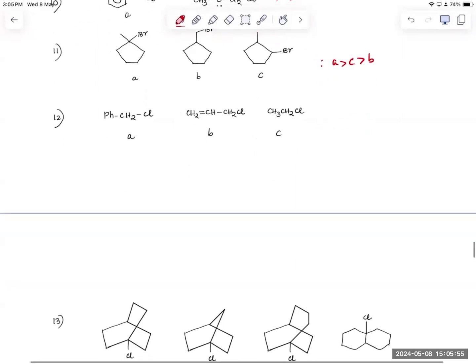Next. Here, this is phenyl. This is allyl. This is benzyl. First one is benzyl. I'll write it down here. Benzyl. This is simple allyl. This is 1 degree. So obviously 1 degree will have the least and benzyl will have the most. So A greater than B greater than C.